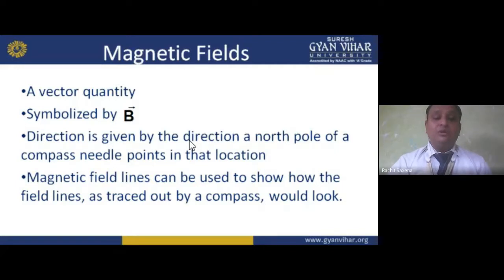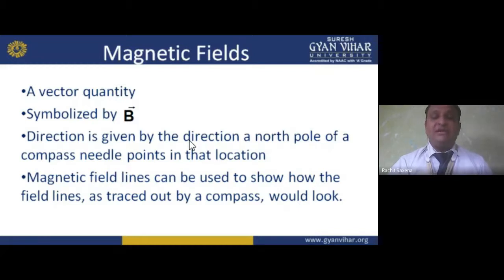Now, magnetic field lines can be used to show how the field lines would look as traced out by a compass. Through a compass needle, my dear student, I can do it and you also can do it.